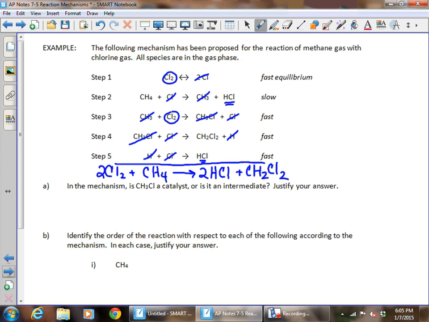And it looks like our CH3 then, the target substance that we were asked about, is produced in the reaction and then used up. Remember, if it's produced in the reaction then used up, it is an intermediate. So CH3 is an intermediate.